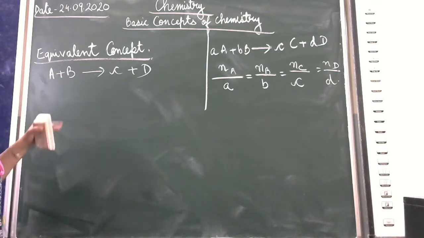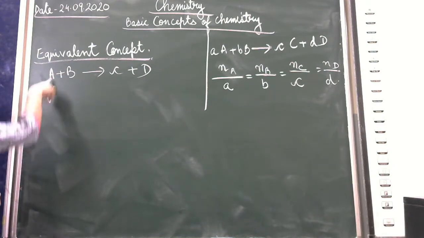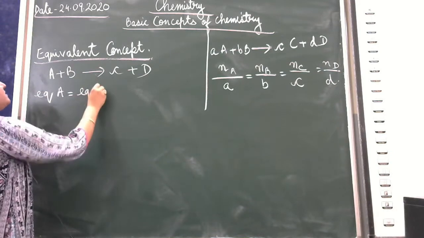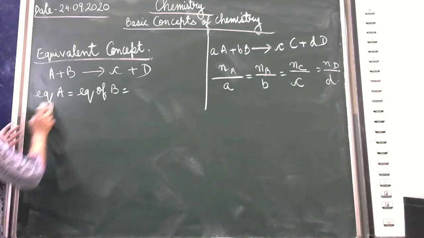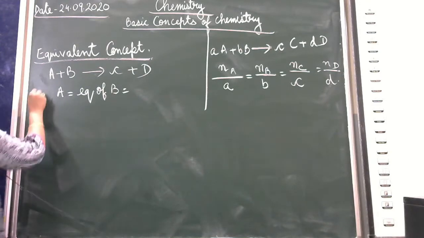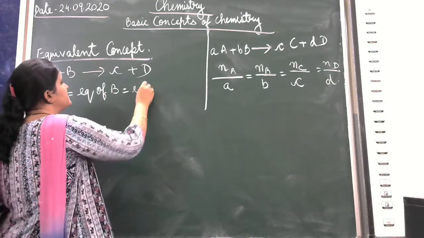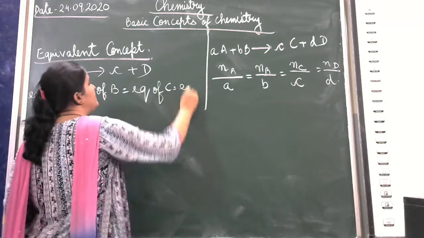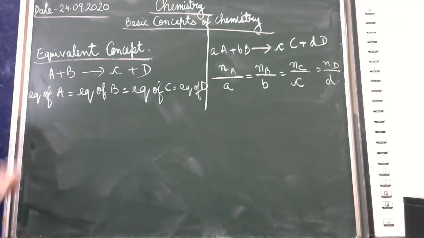And what does this equivalent concept say? That equivalents of A will be equal to equivalents of B, which is equal to equivalents of C, which will be equal to equivalents of D. This is the equivalent concept.